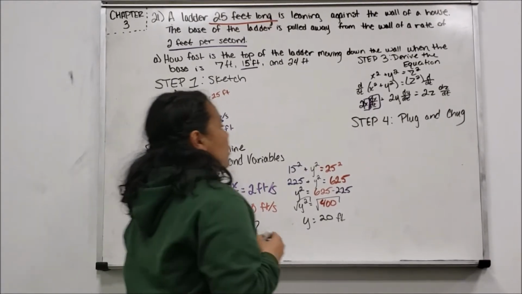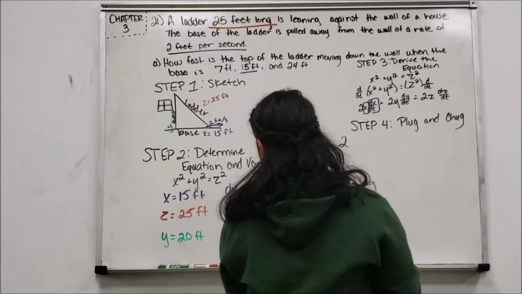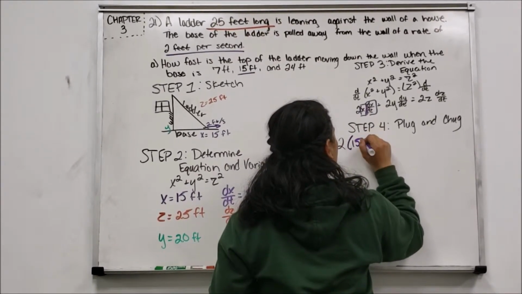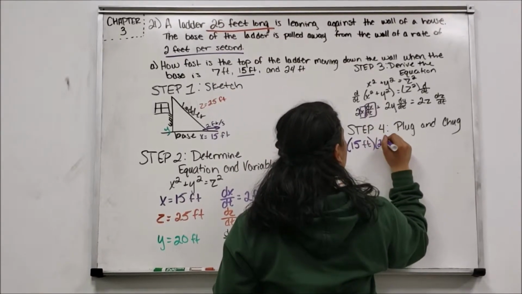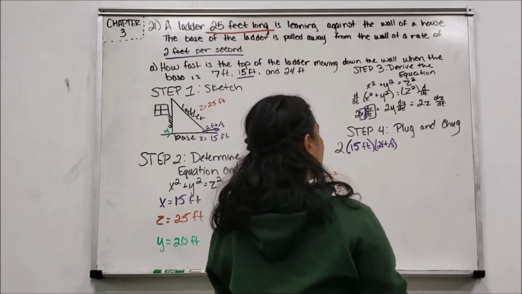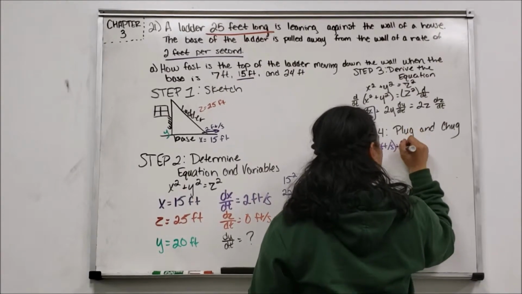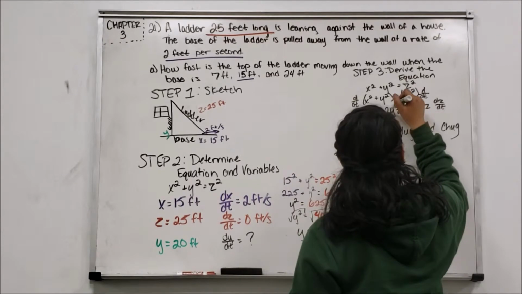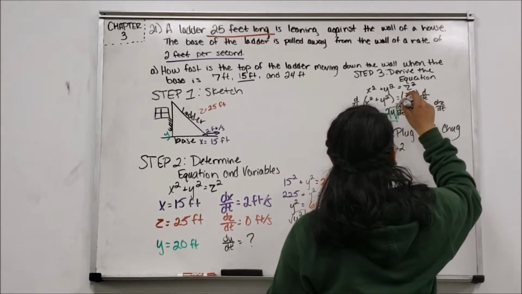So I'm going to keep my 2 the same. I'm going to write 2 here. I'm going to say my x is 15 feet. I'm going to say my dx dt is 2 feet per second. And then my 2, my y is 20, right here. We're looking for this part right here, which is in black.